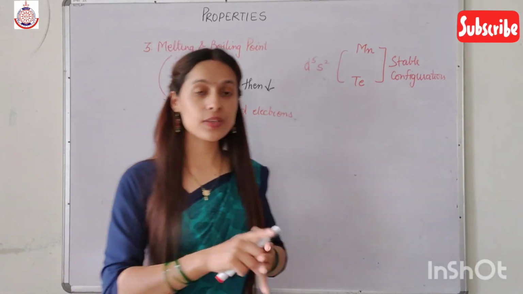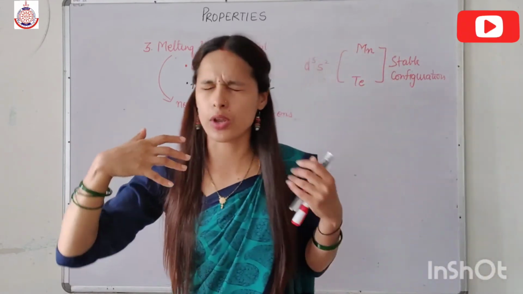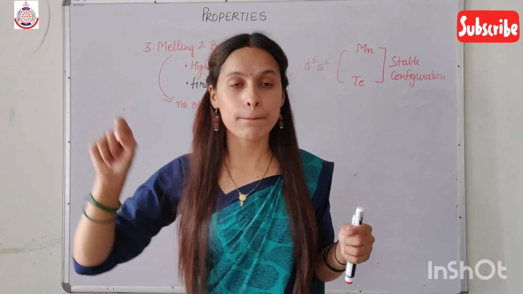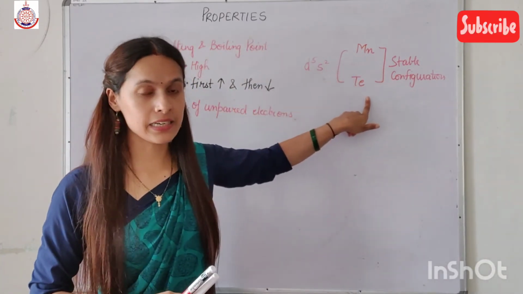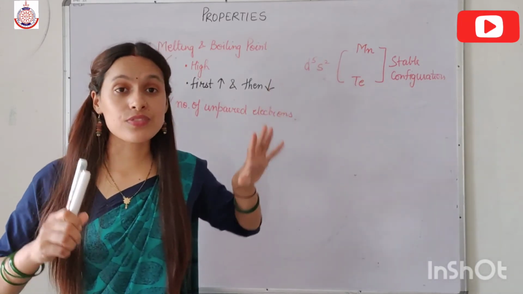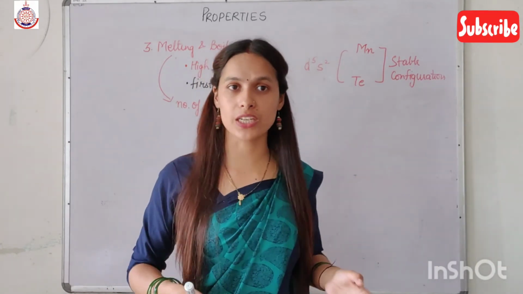Clear? So as we move from left to right in a period, what happened? Melting and boiling point first increases and then decreases. But the melting and boiling point of manganese and technetium is abnormally less due to a very stable configuration.